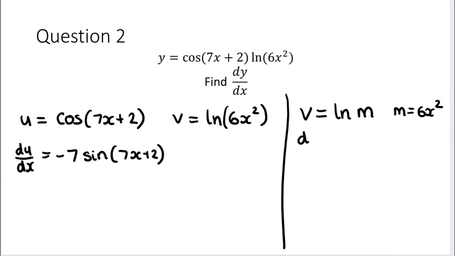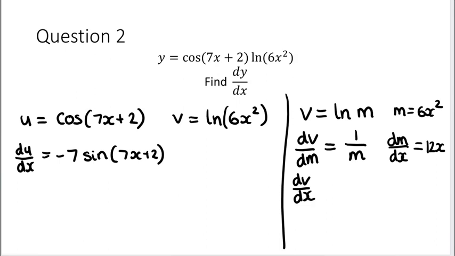And then if I did dv by dm, that becomes 1 over m. And if I did dm by dx, when I differentiate the 6x squared, that becomes 12x. So my dv by dx would just be dv by dm times dm by dx.